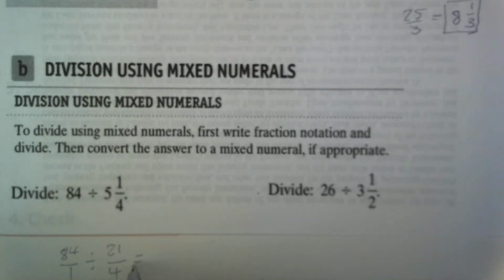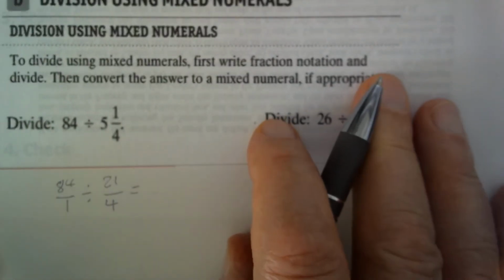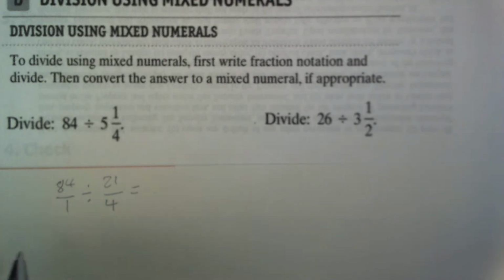And we know how to divide a fraction by a fraction. We multiply the first fraction by the reciprocal of the second fraction. So this then is 84 divided by 1 times 4 divided by 21.